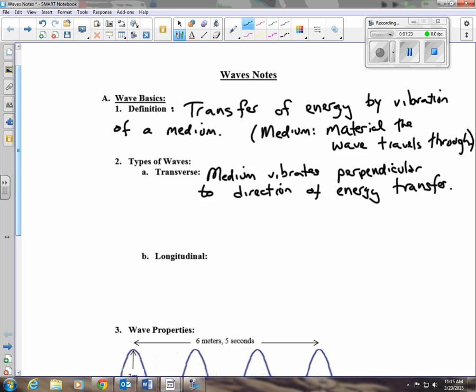So it's going to look something like this. Okay, you're going to have a wave that looks like this. All right, the energy is going this way. But if I look at any point on the medium, it's just vibrating up and down.